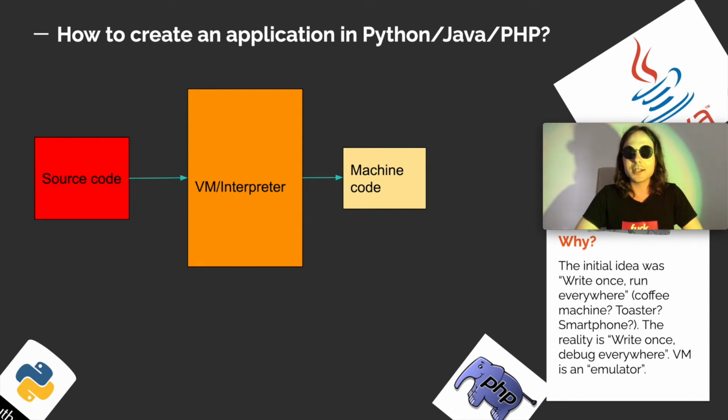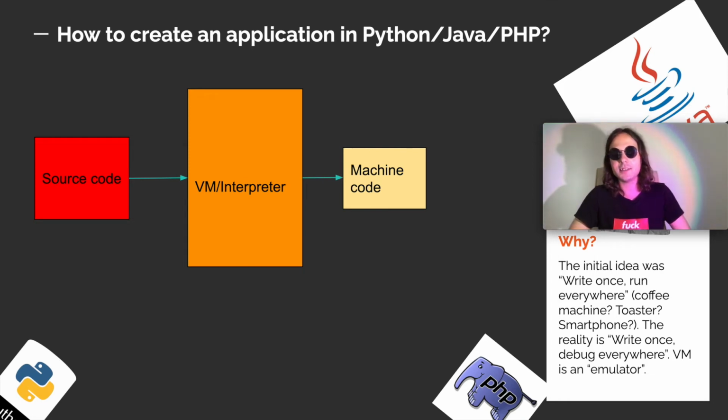What was the goal? The goal was to write an application once and run it everywhere. For doing this, we need some kind of emulator, a virtual machine that will know how to translate, for example, Python source code to machine commands.